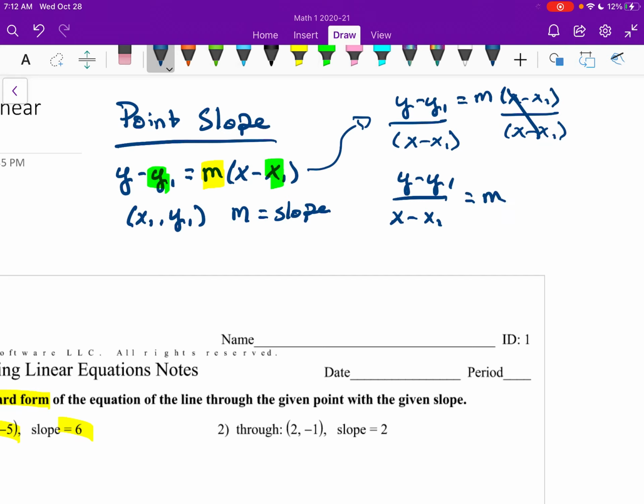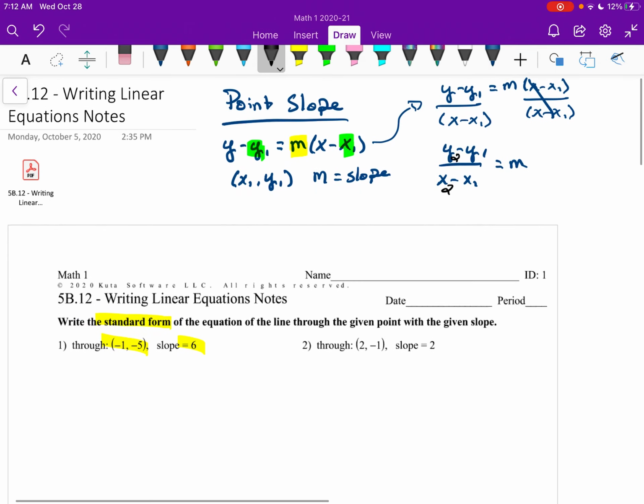Now that should remind us of a formula that we already know. That is our slope formula, right? Normally in our slope formula we would write slope equals y2 minus y1 over x2 minus x1. But that's where that formula comes from. So we can see how it relates. That can be helpful whenever you need to remember what point-slope form is. That should be useful for you.